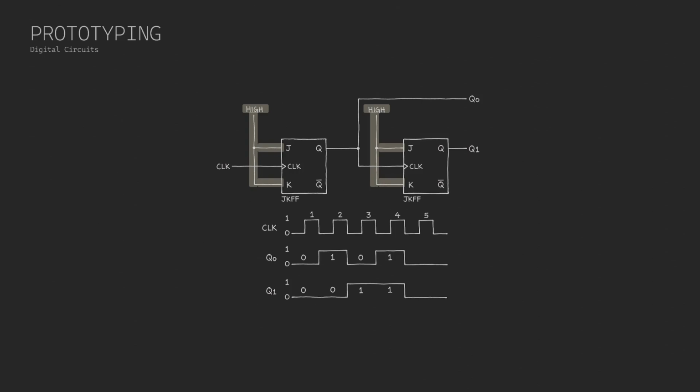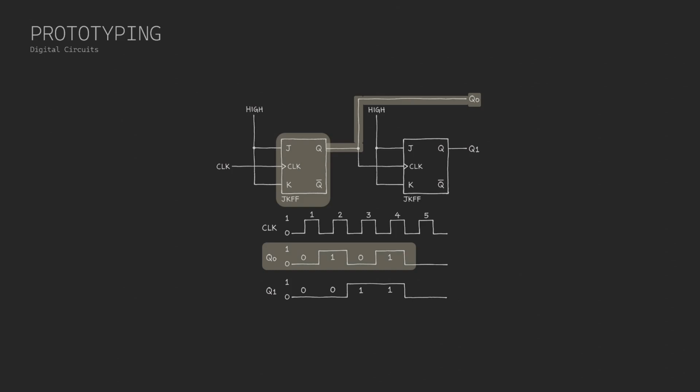The output of one flip-flop becomes the clock input of the next. This creates a ripple effect, where each flip-flop changes its state one after the other in response to a single clock pulse. The first flip-flop, the least significant bit, toggles on every clock pulse, and its output is the first bit of our binary count.